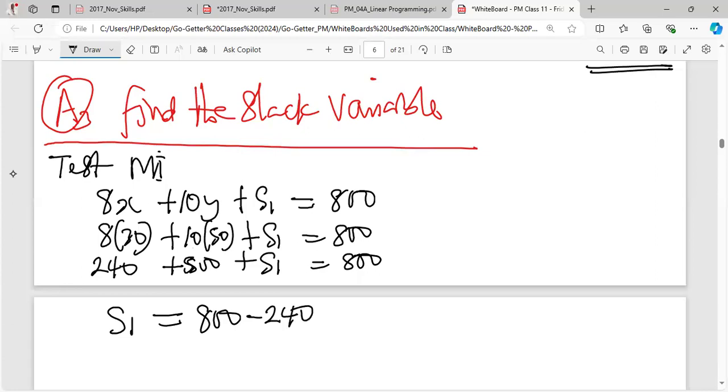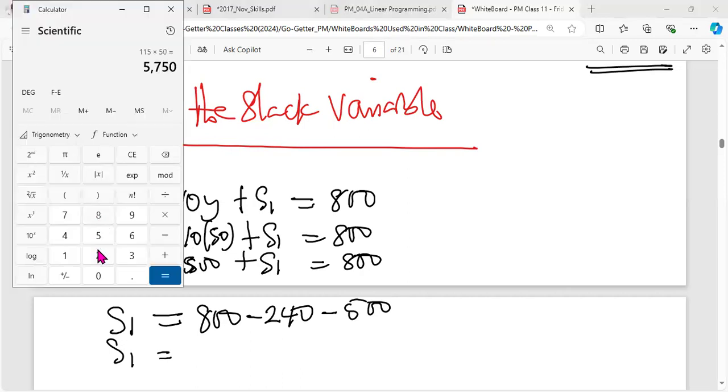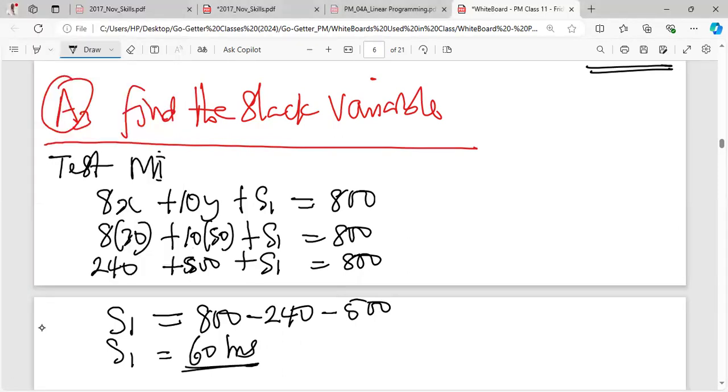So S1 gives me, let's calculate now. We have 800 minus 240 minus 500. That is 60. So S1 is 60 hours. So slack is 60.